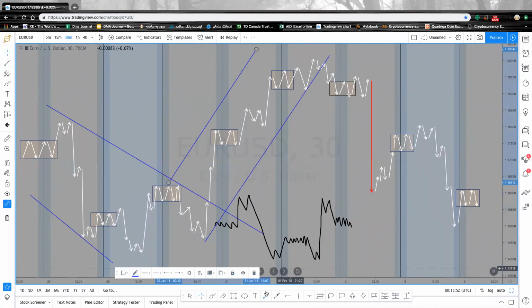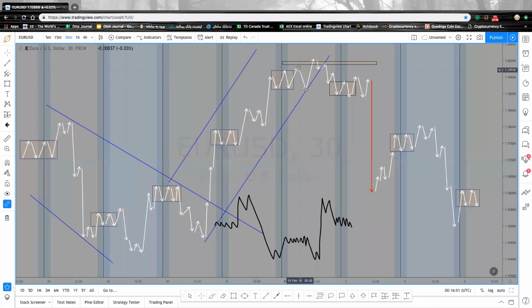Once they break the high, you should think about what's happening. What's going to happen is they start trapping. You can see here, I drew it for you. They will come, break the high, retest it, and most of the time it's in line with the trend lines, and then they break it down. What you expect is news on Friday, like NFP, to break this trend and then continue going down.